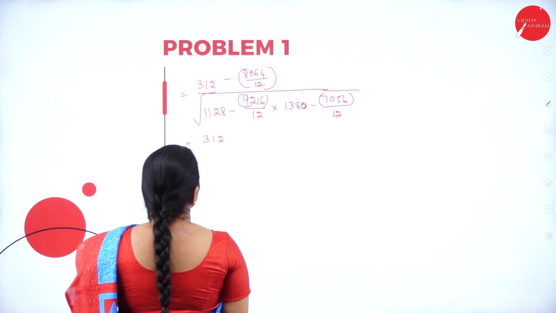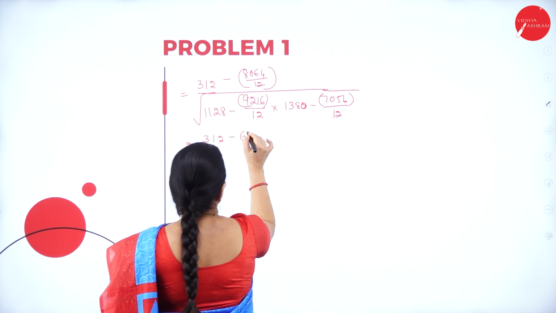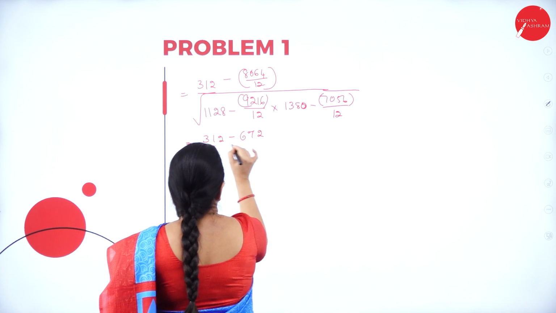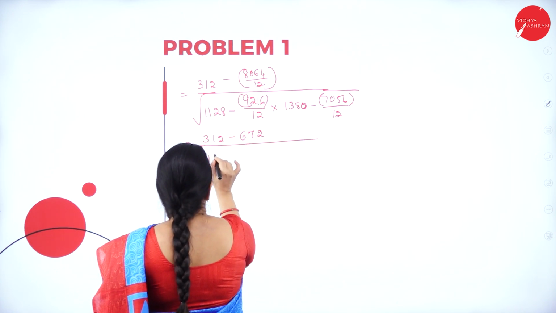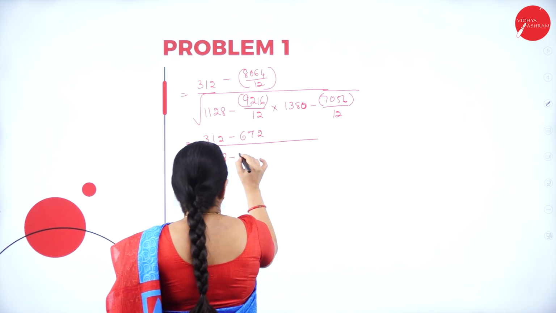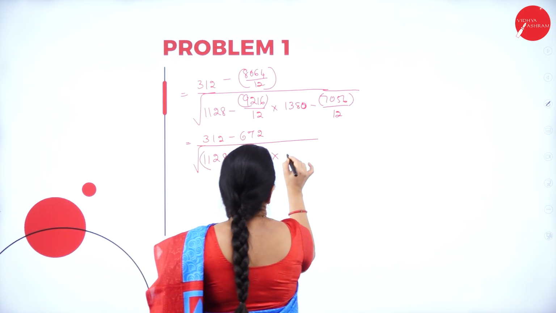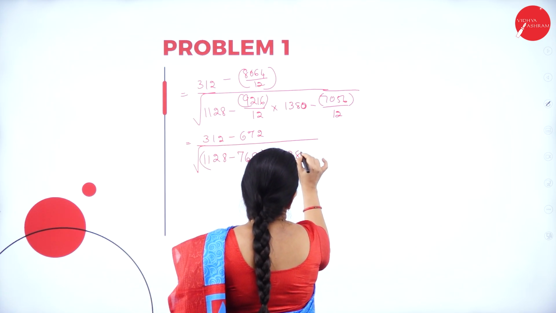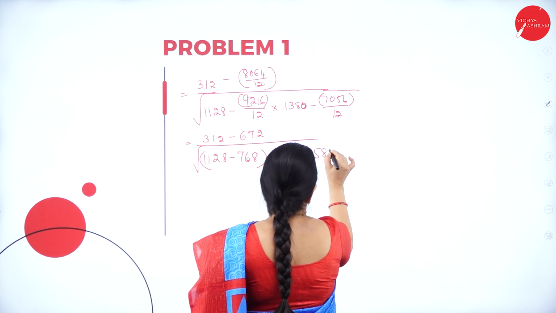So 312 minus 672 divided by root of 1128 minus 768 into 1380 minus 588.